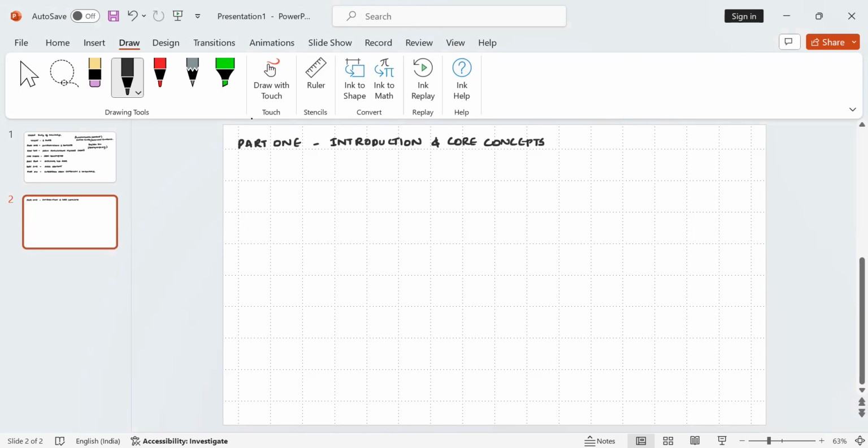Now, the first thing you should know is that you should be able to define enterprise. So this is mainly focusing on the definition of enterprise. What is enterprise? It's a collection of organizations with common goals, right? Very simple. So you should know the definition of enterprise.